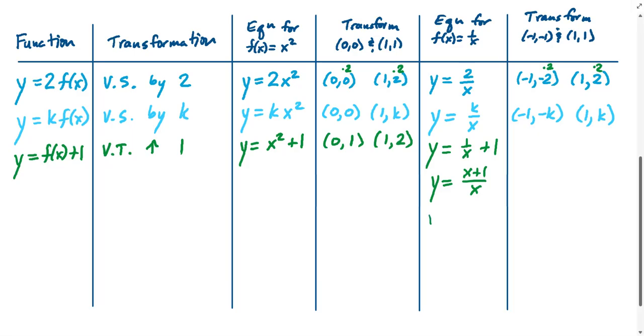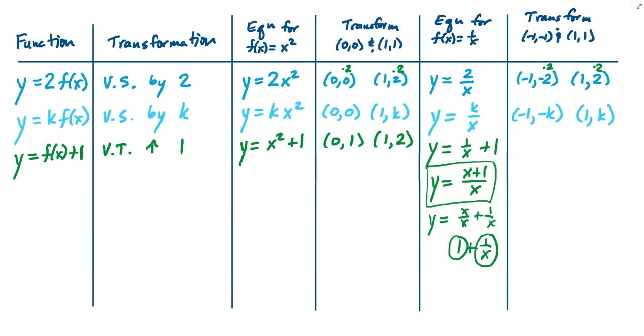Because here, of course, this is the same as x over x plus 1 over x. X over x is 1. And so here we have it, f of x plus 1. If I gave it to you in this form, you might not immediately notice that this is actually the reciprocal function plus 1. But it is.